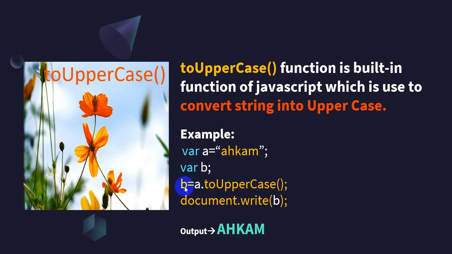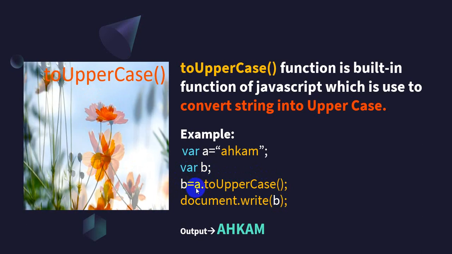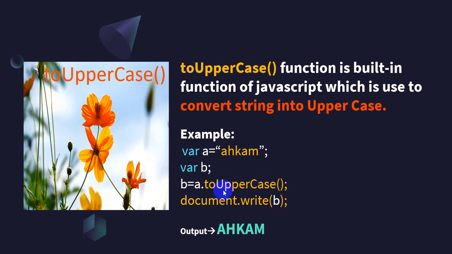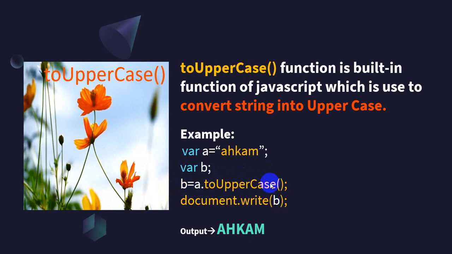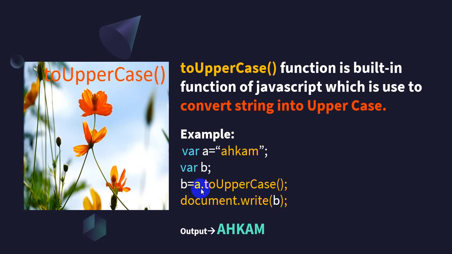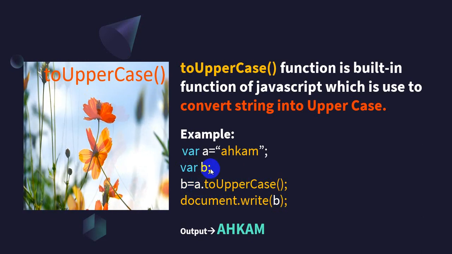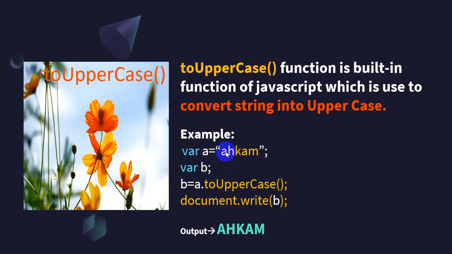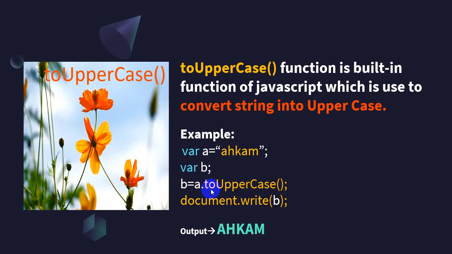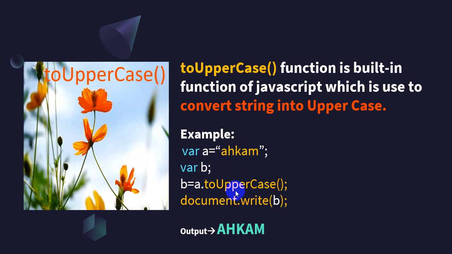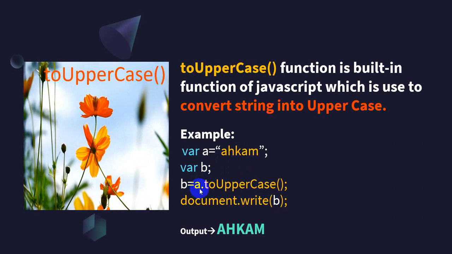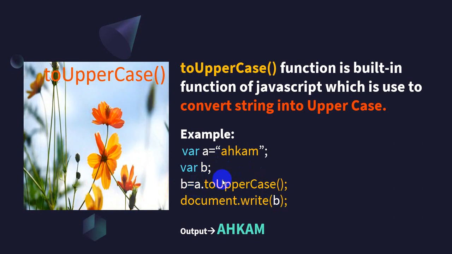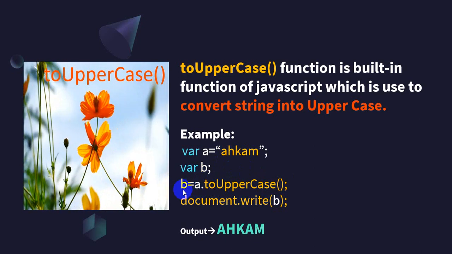The result of this expression. So inside a you have Ahkam. It will convert it by using this function. The toUpperCase function will convert the value of a, and after conversion the value will be stored inside variable b.